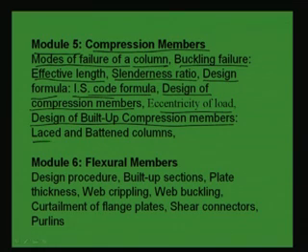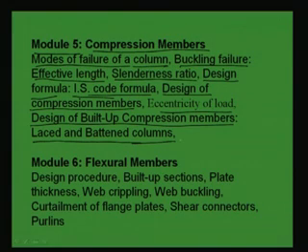Then we will discuss laced and battened columns. When columns are built up, we have to tie those through a lacing or battening system. So, how lacing has to be designed, in what way lacing parameters will be decided, and in what way battening parameters will be decided, those things we will discuss, right.